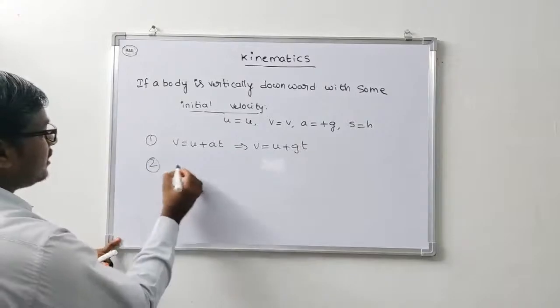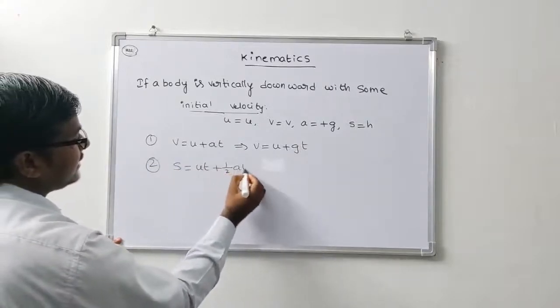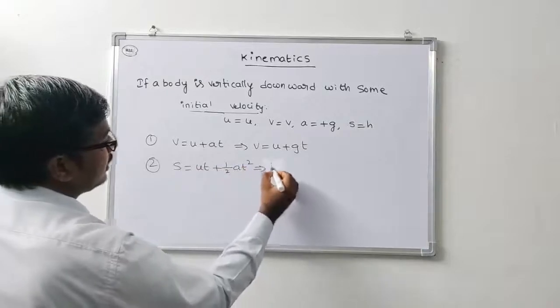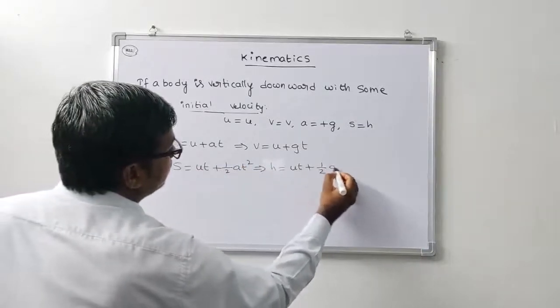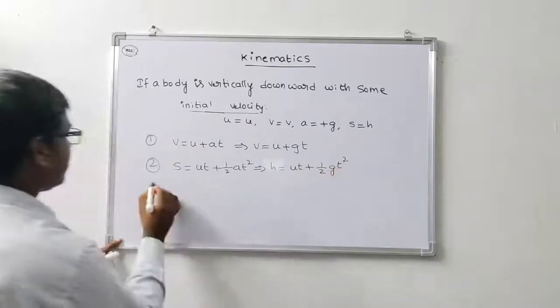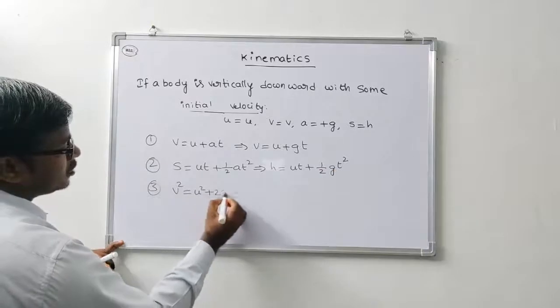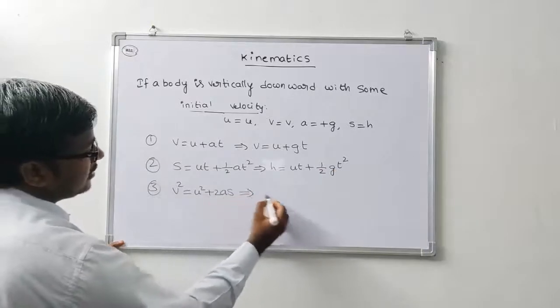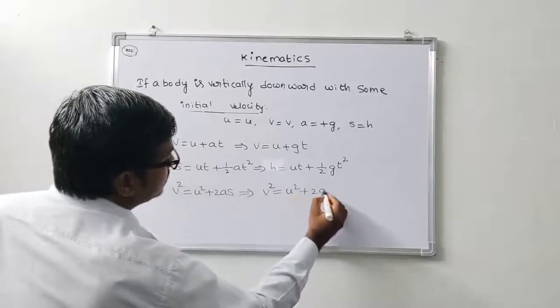Second equation, s is equal to ut plus half at square, gives h is equal to ut plus half gt square. Third equation, v square is equal to u square plus 2as, gives v square is equal to u square plus 2gh.